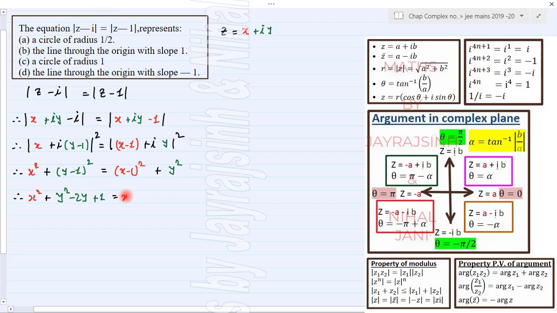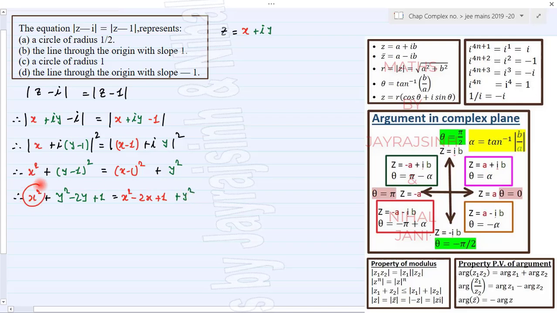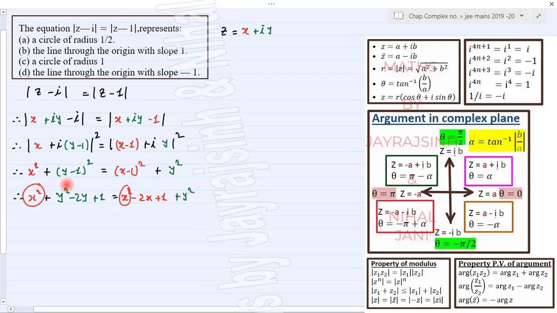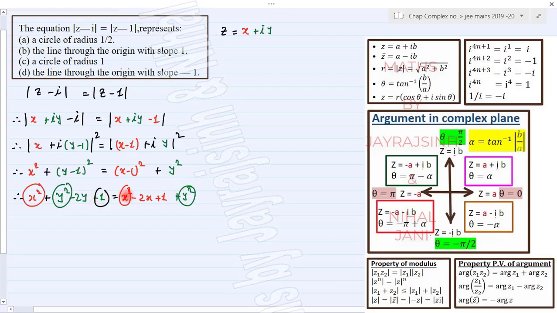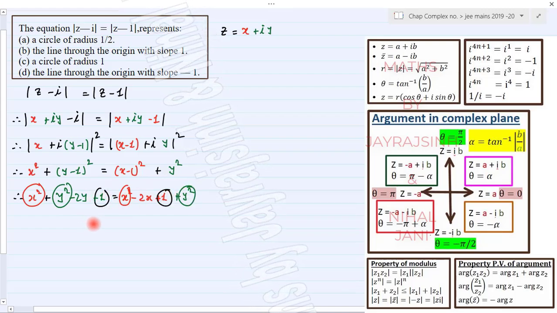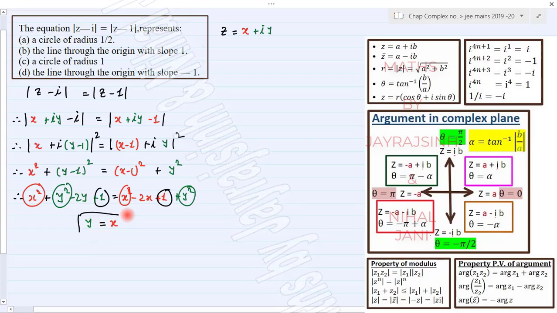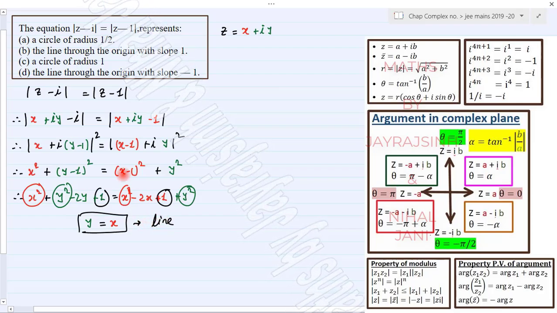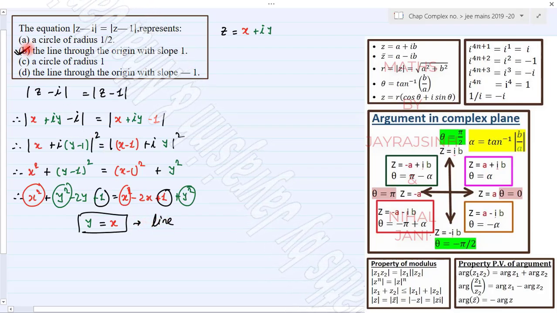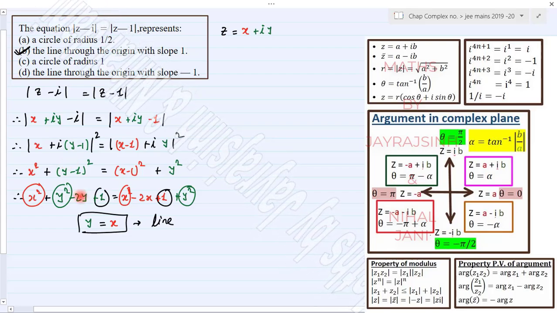Similarly, on the right hand side, we'll get x square minus 2x plus 1 plus y square. The x square, y square, and plus 1 will be cancelled out. We will get simply y is equal to x, which is the equation of a straight line passing through the origin and having slope equal to 1, given in option B. Ta-da!